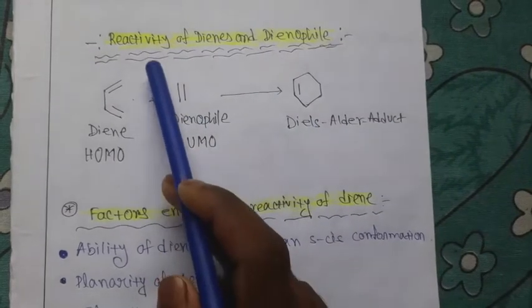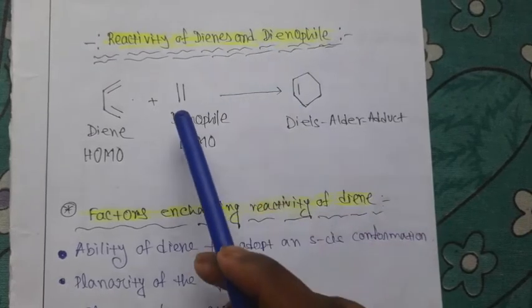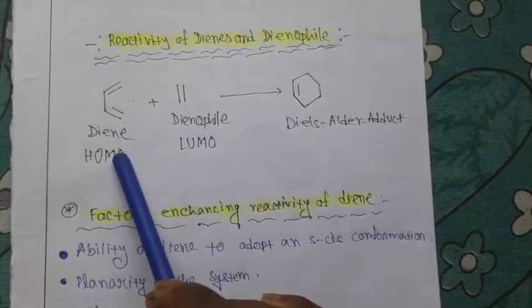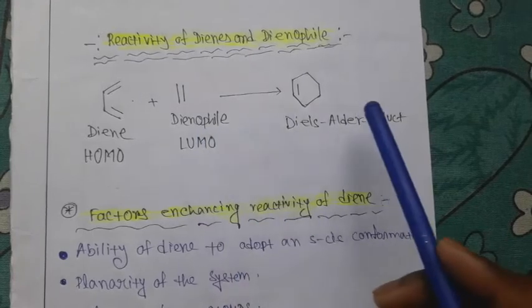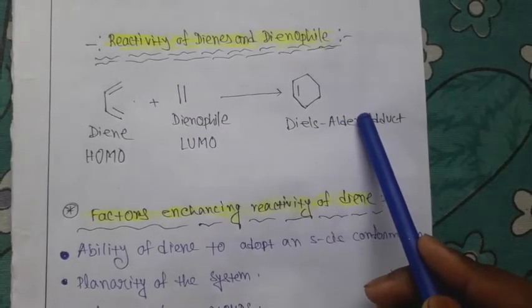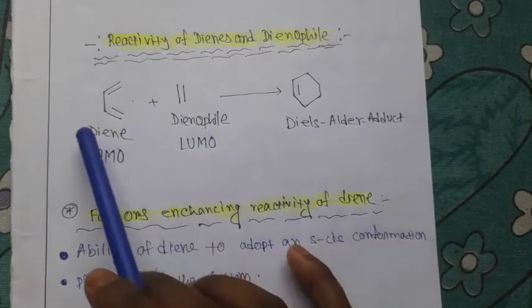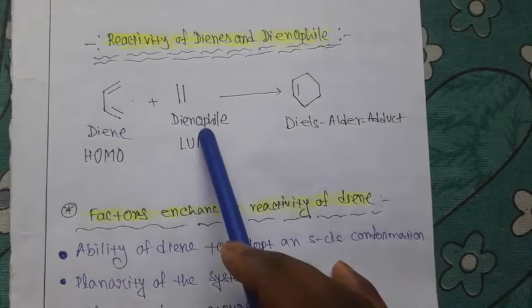Now I discuss the reactivity of dienes and dienophile. In Diels Alder reaction under normal electron demand, the HOMO of diene combines with the LUMO of dienophile to form the Diels Alder adduct. There are two components in Diels Alder reaction, diene and dienophile.